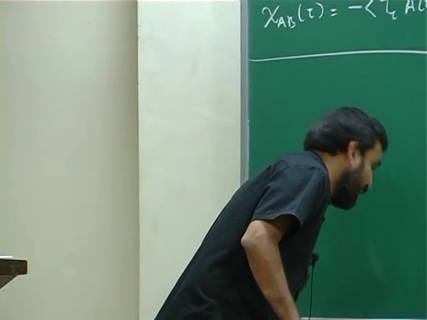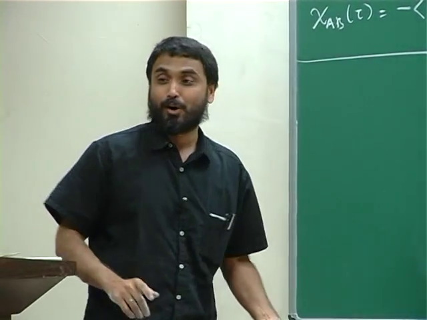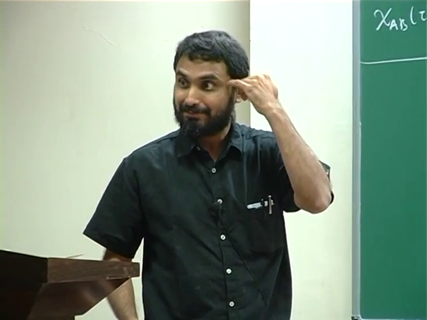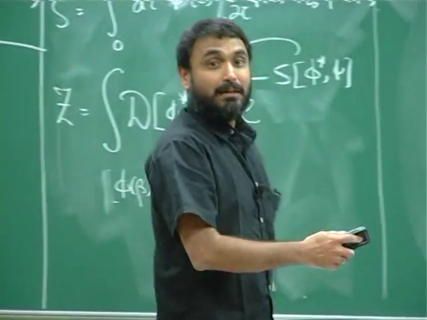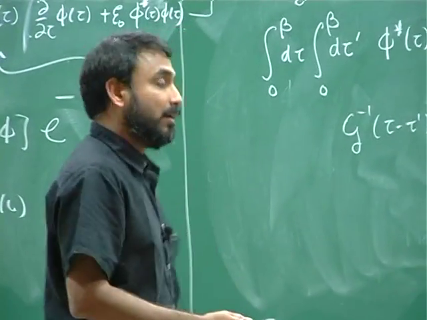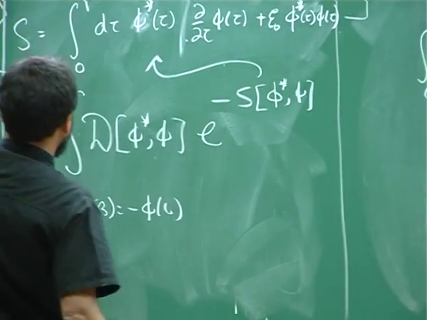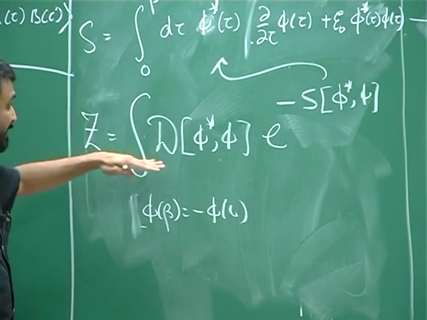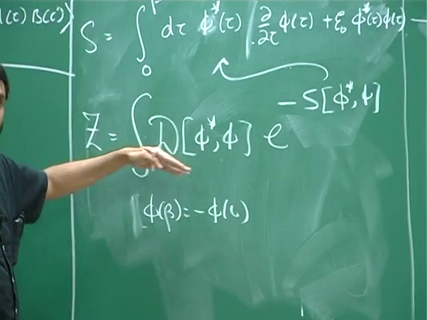With that discussion, let me switch gears now, and let me try to write the partition function of the Hubbard model as a path integral. Yes, this one is a Grassmann integration.